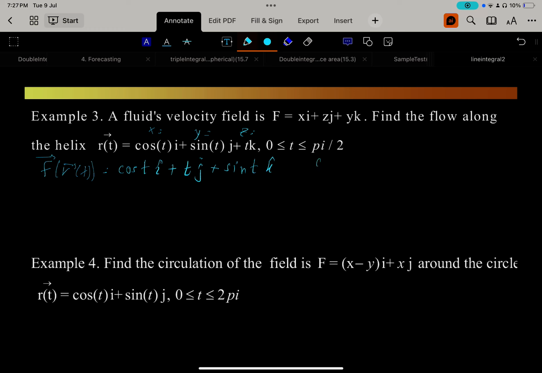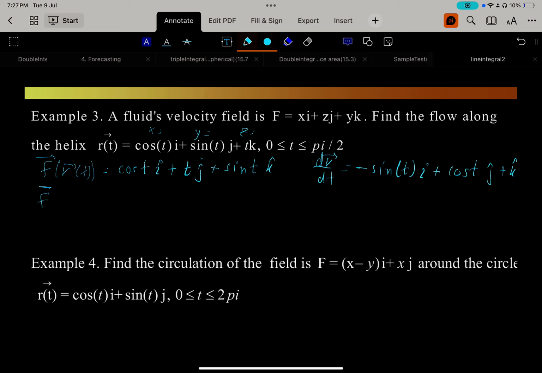And we have dr over dt, which is minus sine of t i plus cosine of t j plus k.